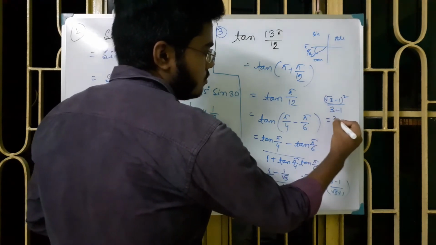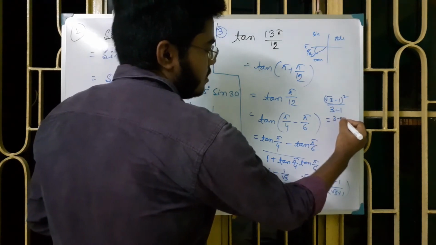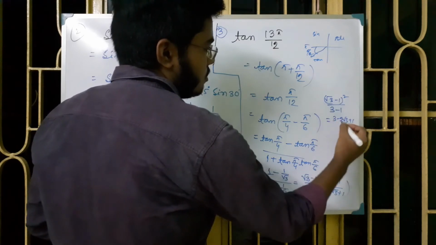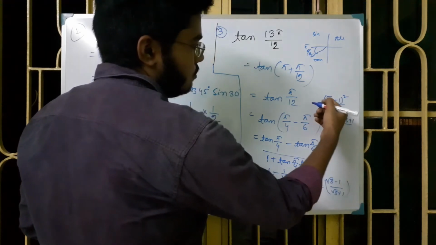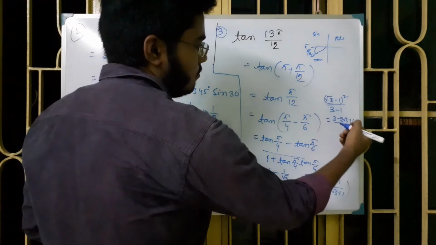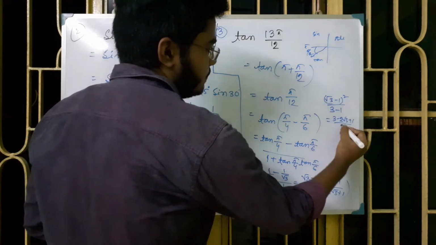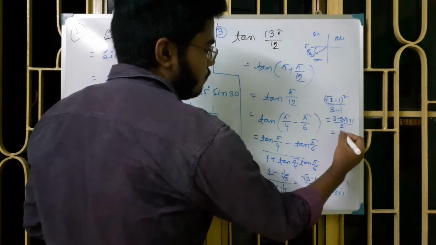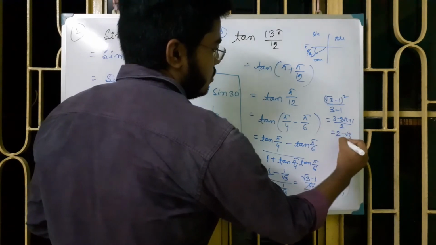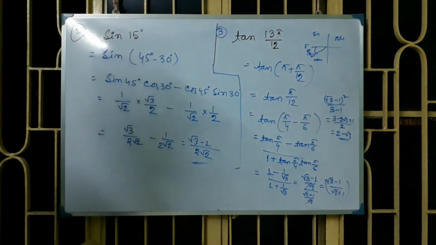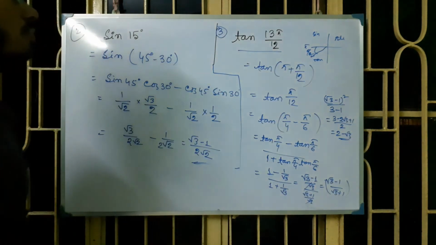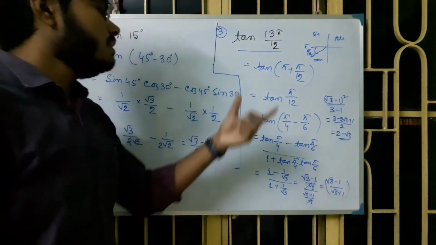The numerator is 3 minus 2 root 3 plus 1, using a minus b whole square: a square minus 2ab plus b square. So 3 plus 1 is 4, 4 minus 2 root 3 by 2, that is 2 minus root 3. So 2 minus root 3 is the value of tan 13 pi by 12.